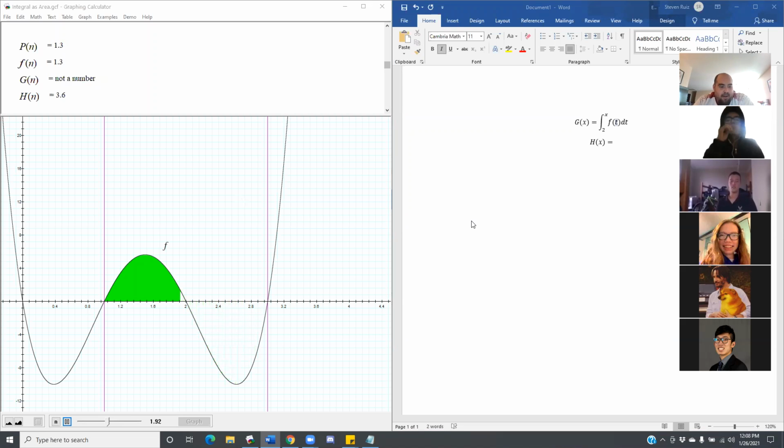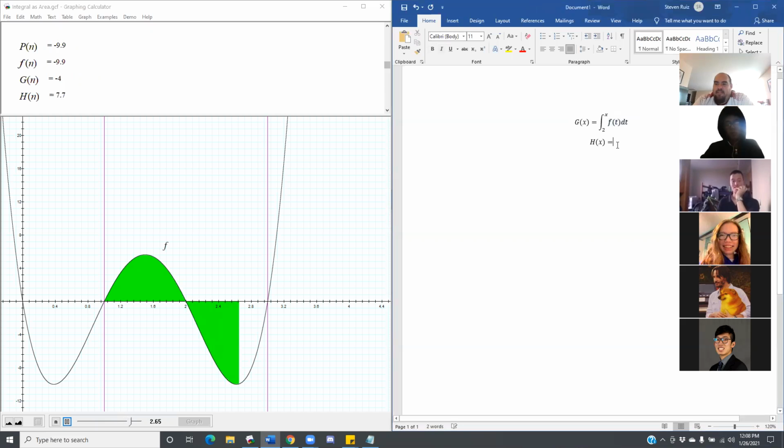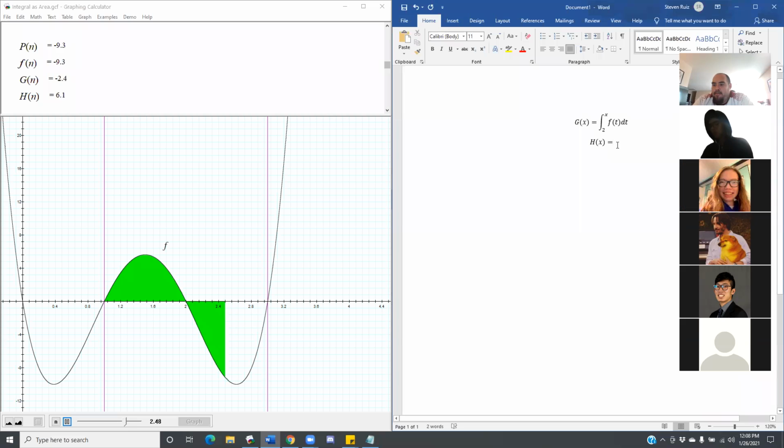So let's talk about this first. What is unsigned area? I think it's easier to answer when you compare it to signed area. Signed area means that it can be positive or negative. It can take either sign. Unsigned area means all areas are positive.